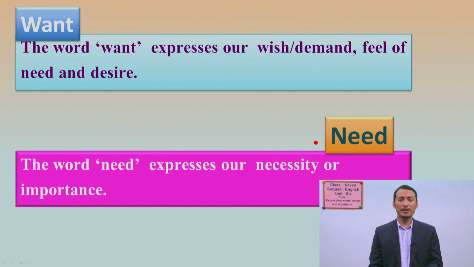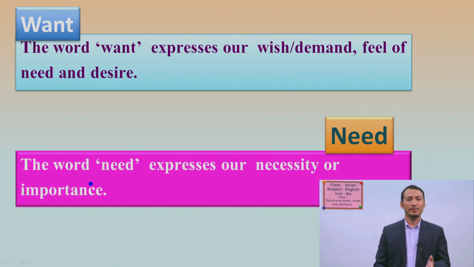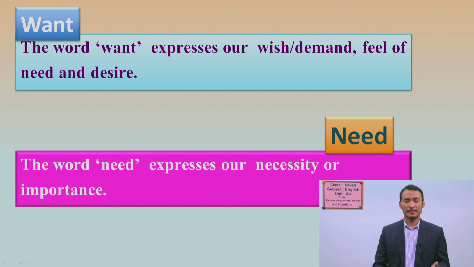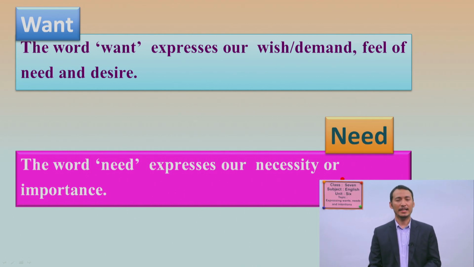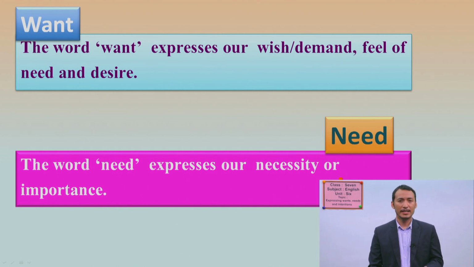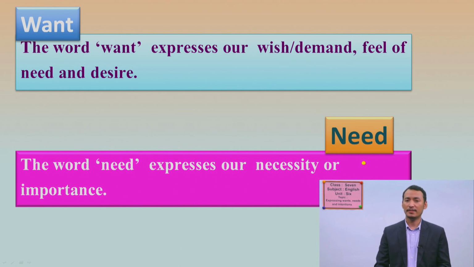Okay? Another word, need. Look here. The word need expresses our necessity or importance. So, for example, food. For example, the things that help to grow our life better. For example, education, health. These are our needs. All right, students?